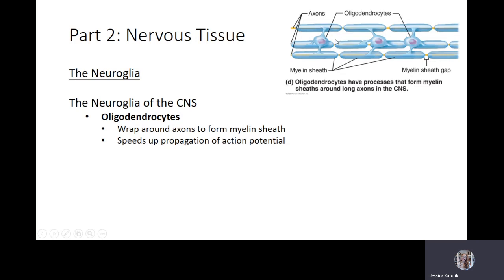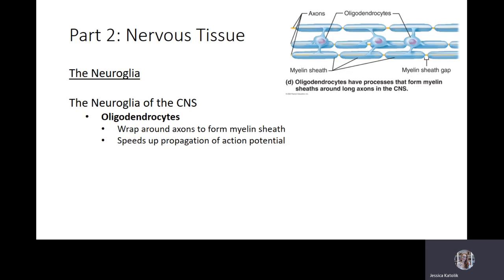If we look at the diagram here, we can see the cell has a cell body, and the cell will branch off and wrap around different neurons. I think it looks like an octopus. It has a big body with lots of legs, and it's going to wrap its legs around neurons.